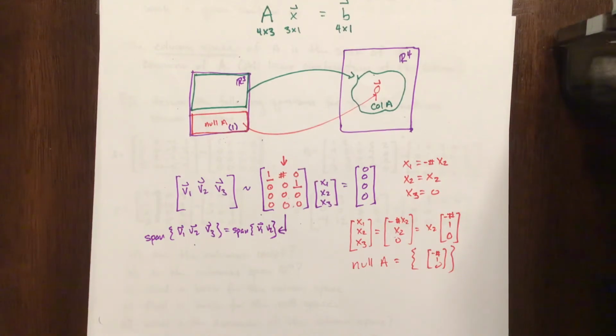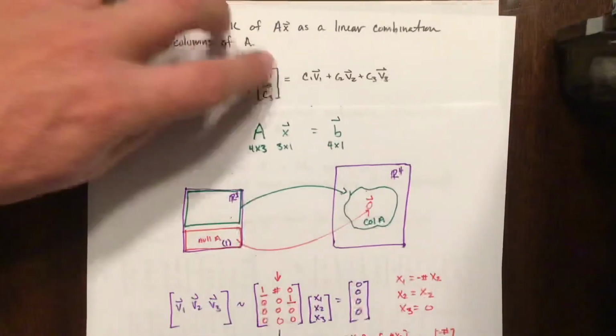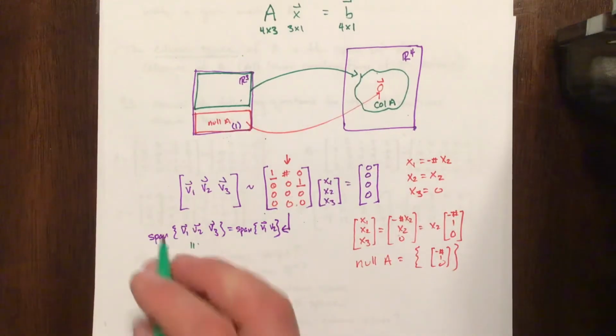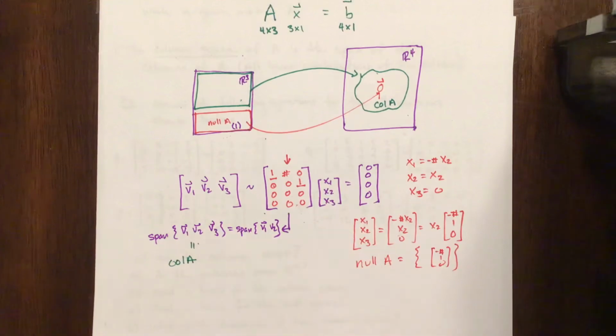Now, the span of vector 1, 2, and 3, by what we've just described here, is called the column space of A. So the column space of A is the span of vectors v1, v2, and v3, which is also the span of vectors v1 and, that looks like a 2. It's supposed to be a 3.